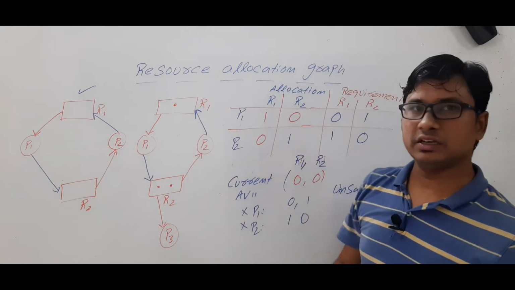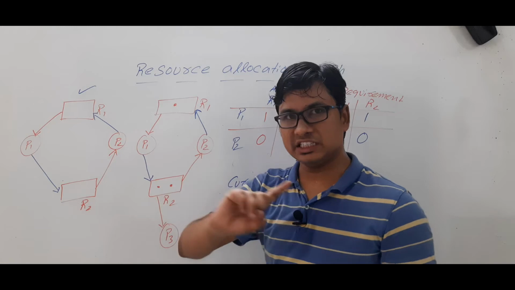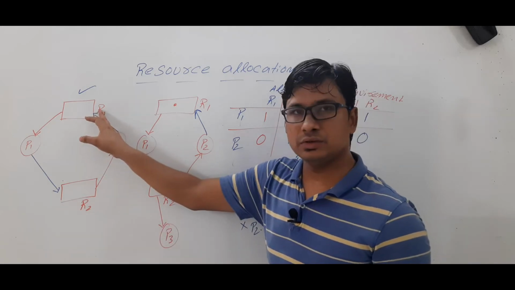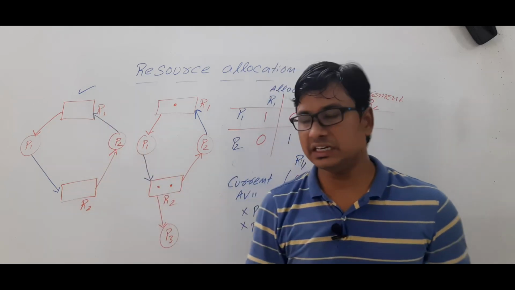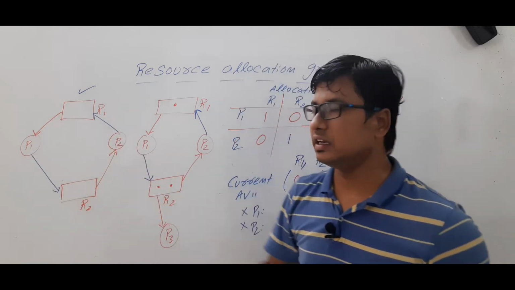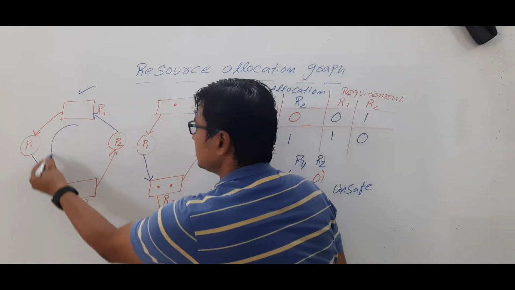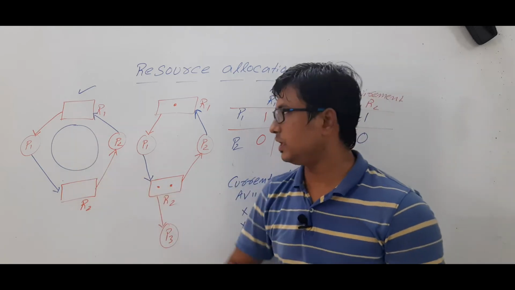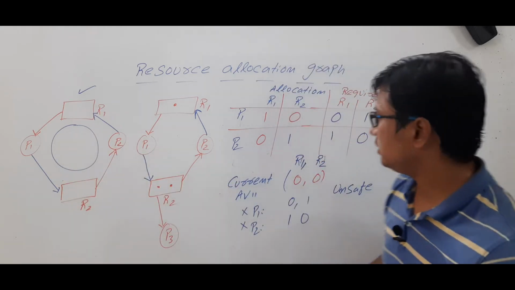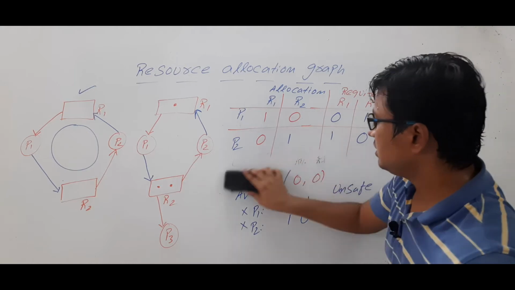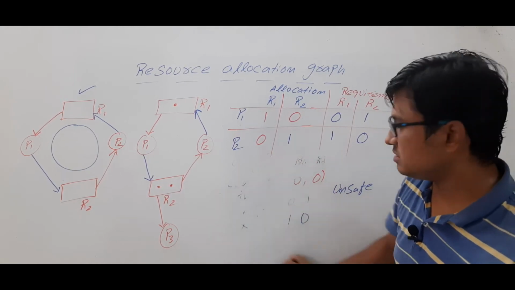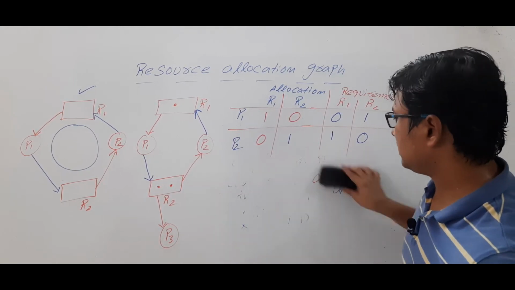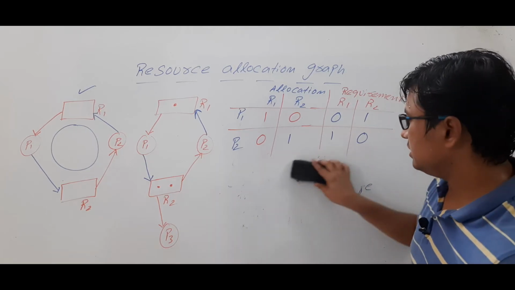Resource R1 and resource R2 are single instance and there is a cycle. So we can say there is a deadlock. I hope you have understood the point.